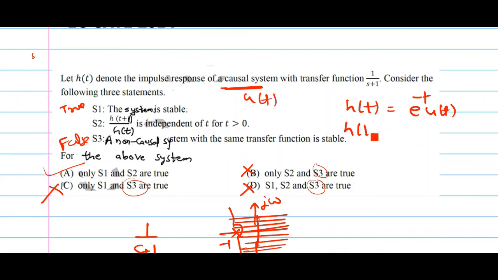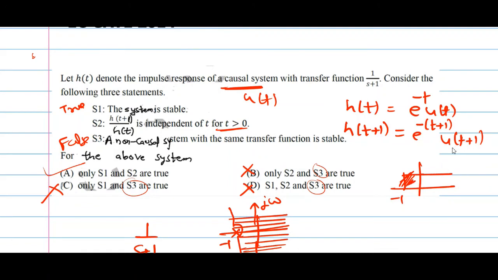So h of t plus 1 will be e raised to the power minus, in place of t put t plus 1, u of t plus 1. Now for t greater than 0, u of t plus 1 is present from minus 1 to infinity. So t greater than 0 means it should be present from t greater than 0.